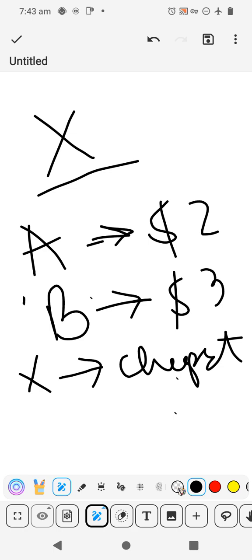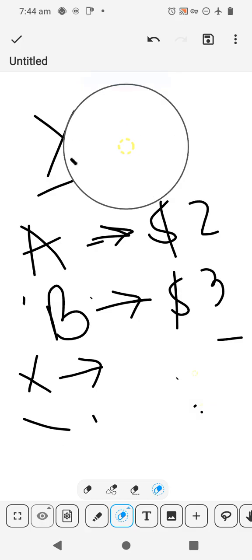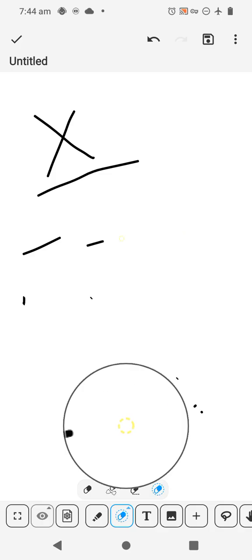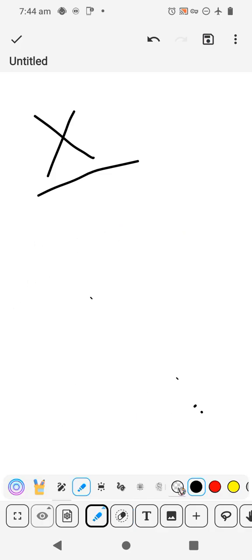what happens? Since X is limited, let's say that X can be gold. If there's limited supply for that product, if X has a limited supply, for instance gold itself, right? What will happen is simply that prices will be pushed up.